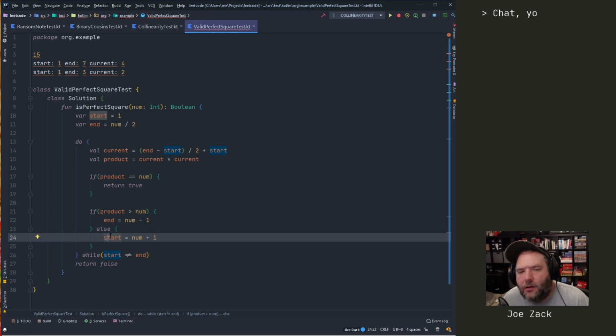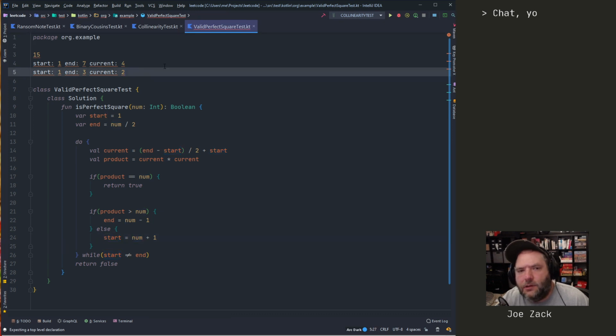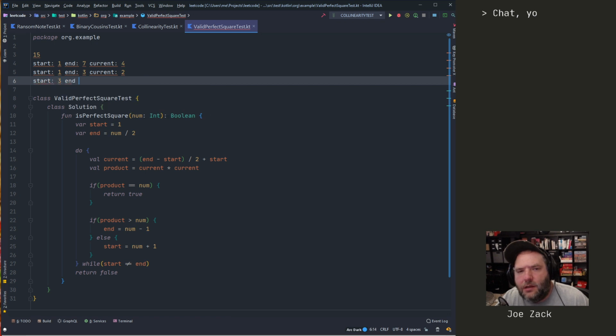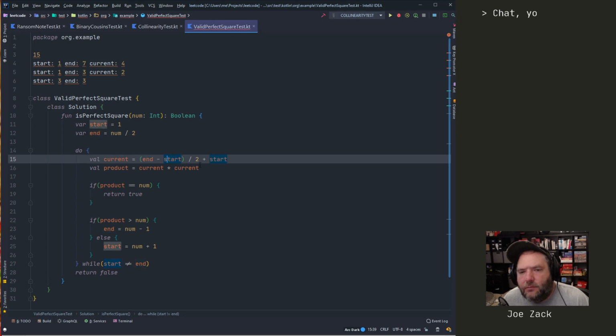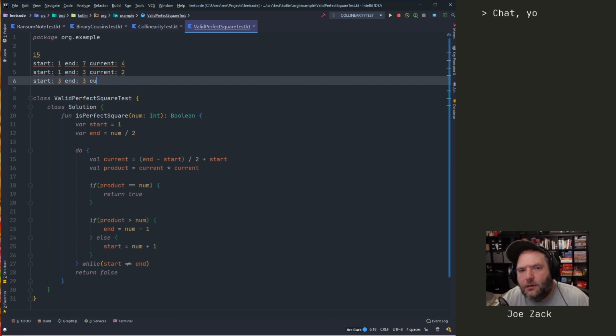So now our start becomes our number plus 1. So start is 3, end is 3. That makes our current equal 3 minus 3 is 0, divided by 2, 0, plus start is 3, current 3.